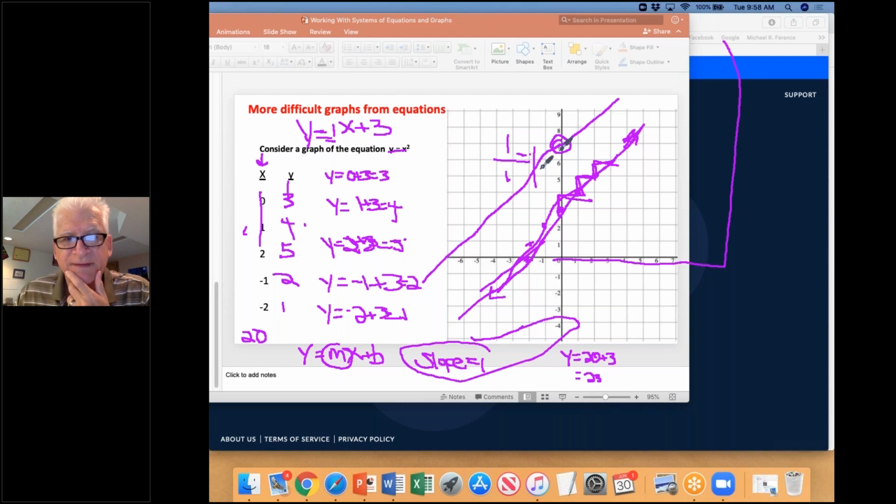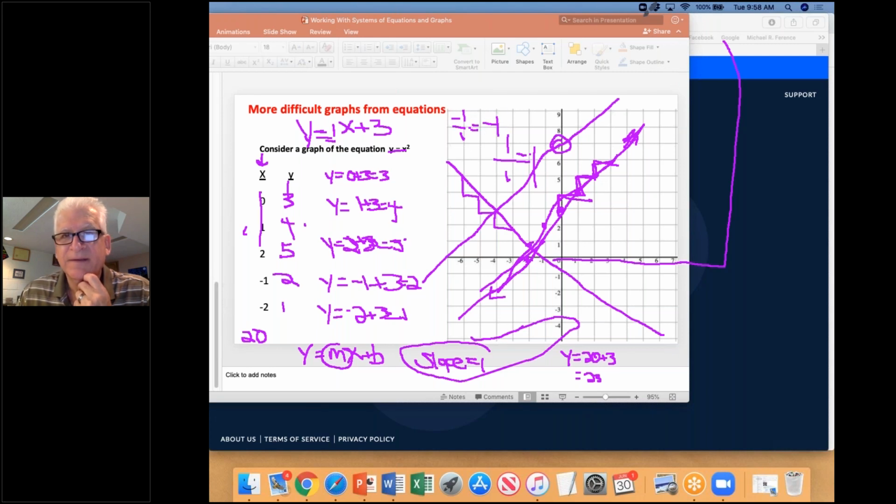Now, I can also have a line with a negative slope, say that it's -1. Then if the slope is negative, it's going down 1 over 1, down 1 over 1. That's a slope of -1 over 1, which equals -1.